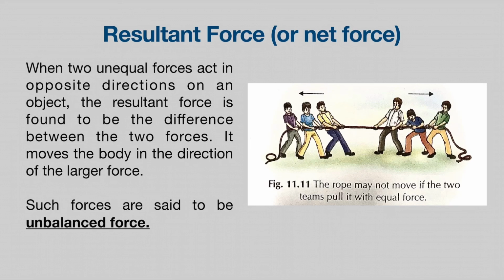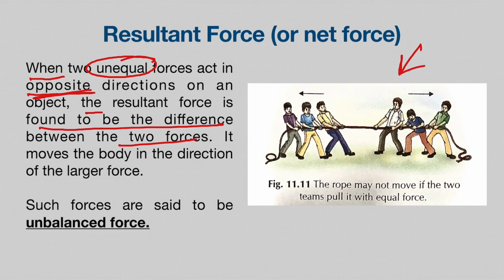After that, the last one that we have is when two unequal forces act in opposite directions on an object, the resultant force is found to be the difference between the two forces. Here you look, this is a tug of war game. Now there are 3 boys this side, 3 boys this side. They may have equal force.